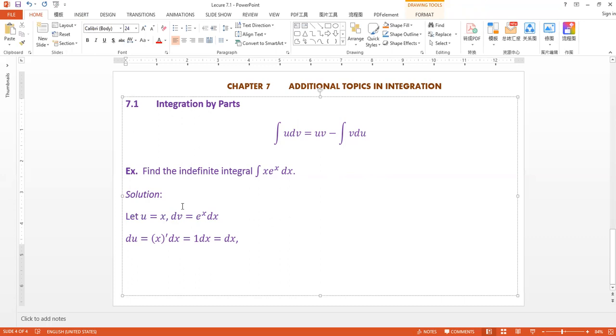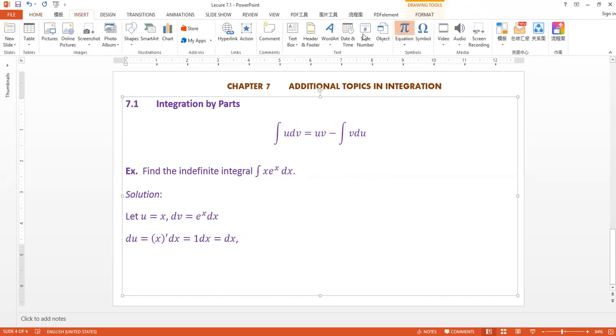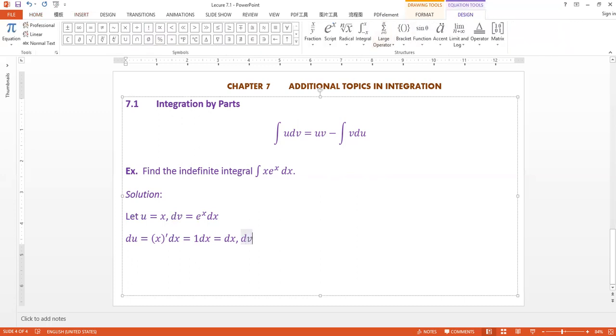On the other hand, how do you find v from dv? Remember, dv is equal to the derivative of v times dx.